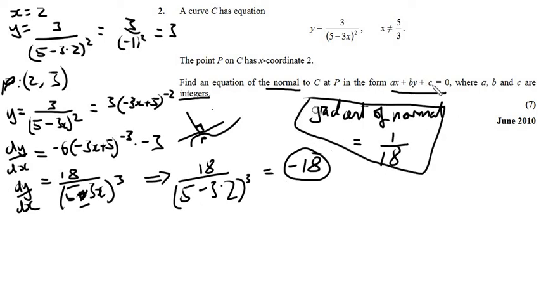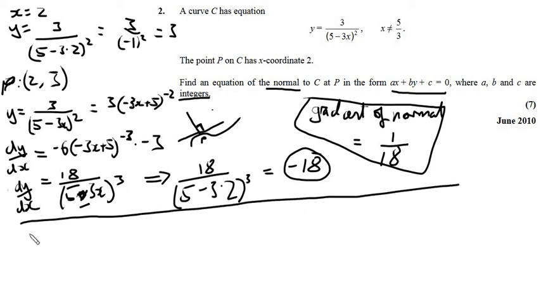So it's asked us to find the equation in the form ax plus by plus c, where a, b and c are integers. So we could use y equals mx plus c to find this out, but I think the easiest thing to do here is to use the formula y minus y1 equals m times (x minus x1).